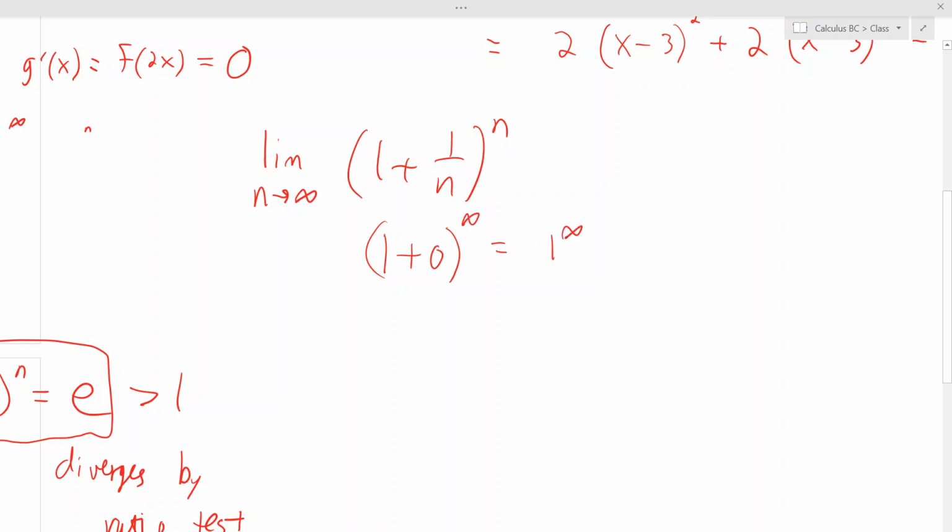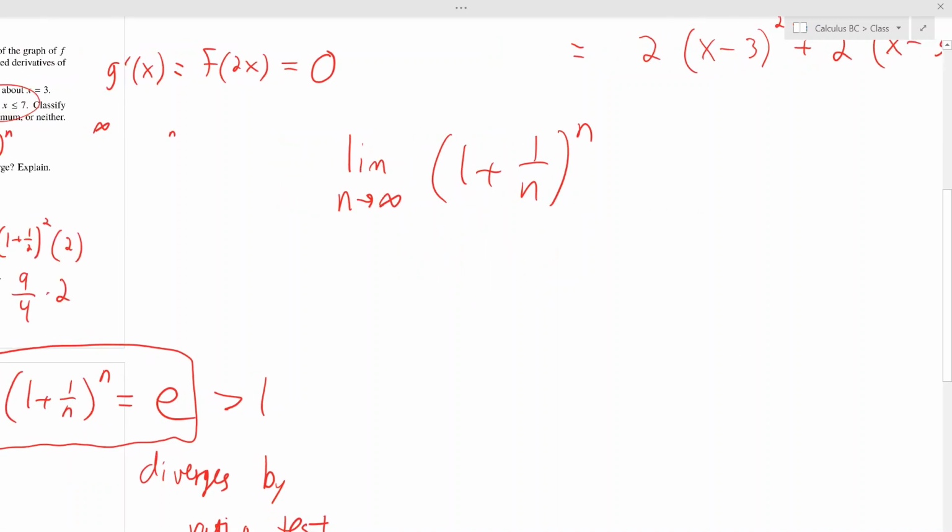But it's something real close to 1, so 1 plus, a little bigger than 1, raised to the infinity. That could go to infinity, since you're multiplying something bigger than 1 by itself, it could go to some number in between, or it could go to 1. We don't know unless we do L'Hopital's rule, but we can't do L'Hopital's rule unless we do this fancy little trick.